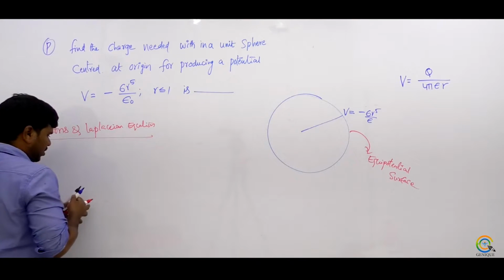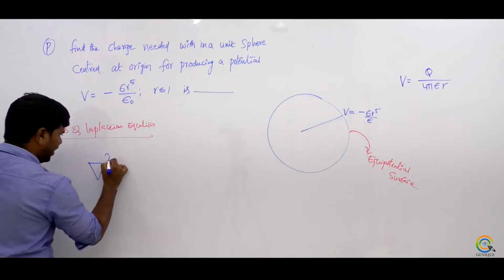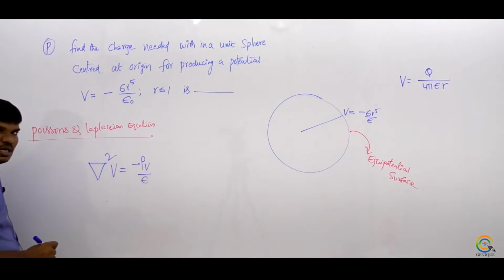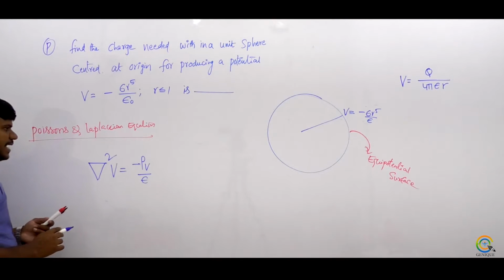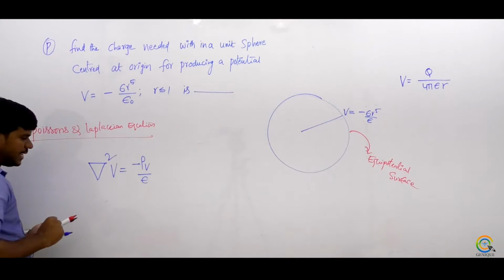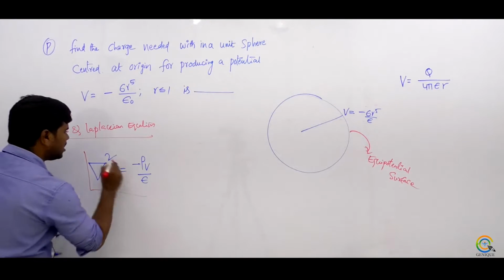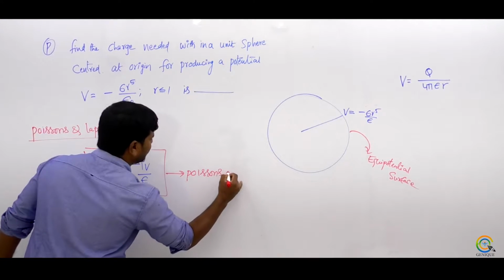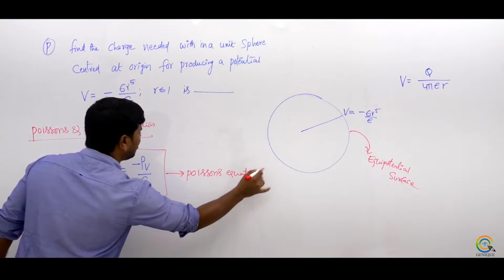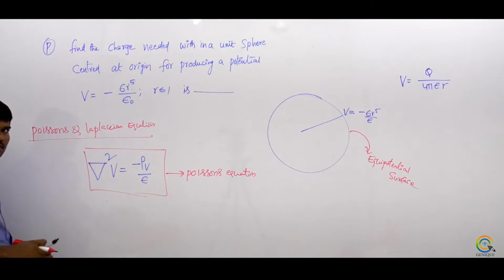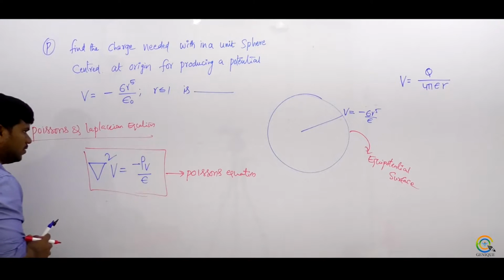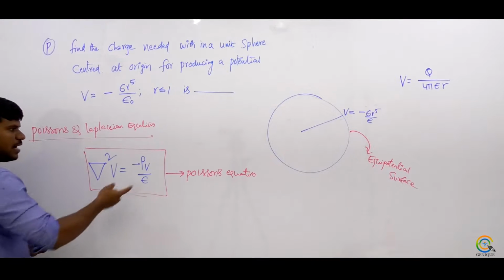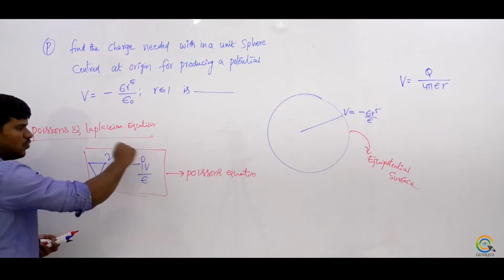Poisson's equation is del square V equals minus rho V by epsilon. I am not deriving it now; it is very simple, using del dot D equals rho V, where rho V is the charge density. If you take any charge free region, rho V will be 0.